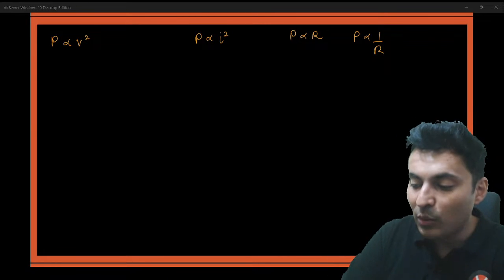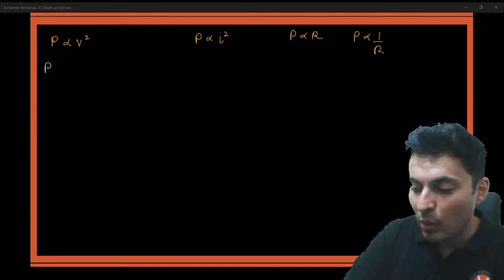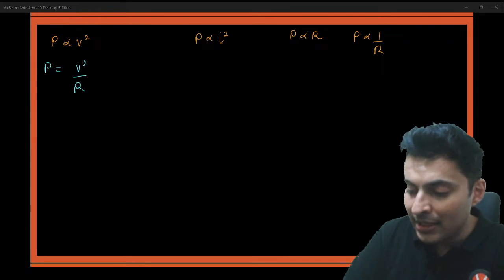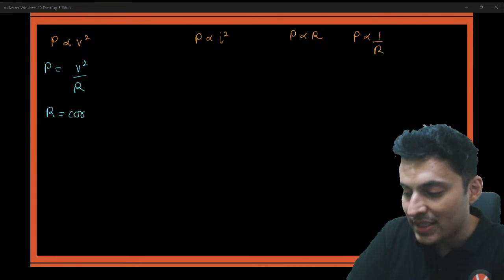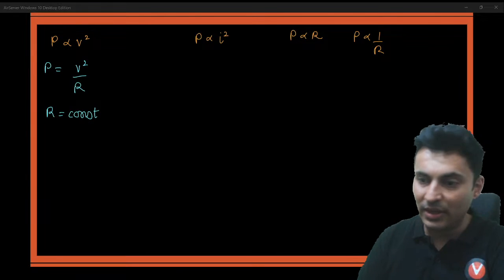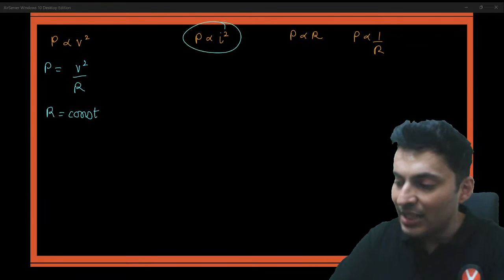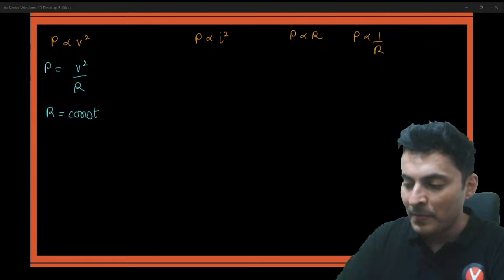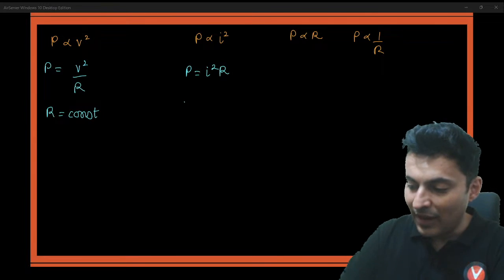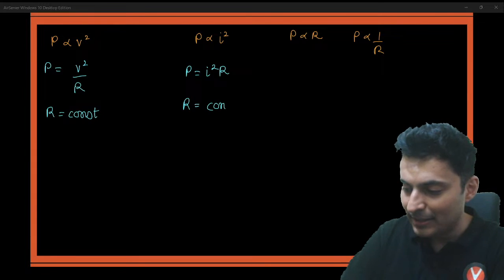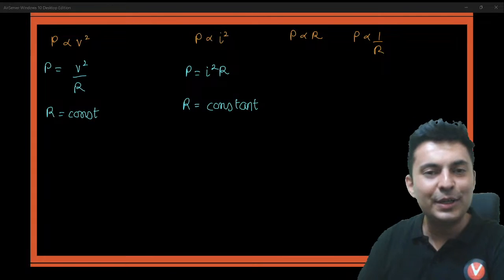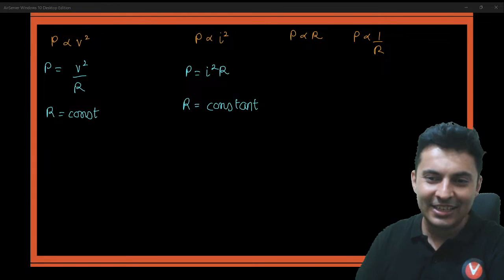Remember, P is equal to V squared by R, and if resistance is constant somehow, only then power is proportional to V square. When is power proportional to I square? Using the formula P is I squared R, if again resistance is constant, then power is proportional to I square.